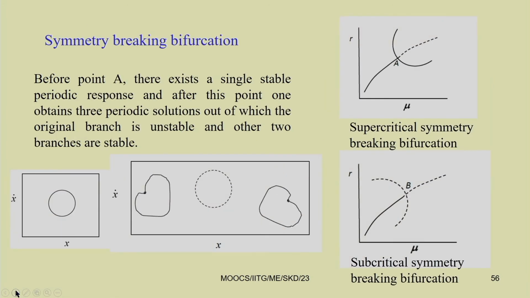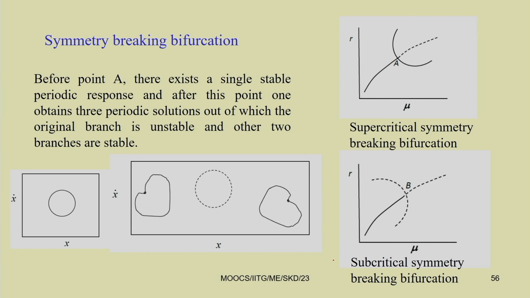Similarly, we can have symmetry breaking. In symmetry breaking bifurcation, we can have two different types: one is supercritical symmetry breaking, and the second one is subcritical symmetry breaking. In case of supercritical symmetry breaking, A is the bifurcation point. Here we are plotting the amplitude versus the system parameter mu.